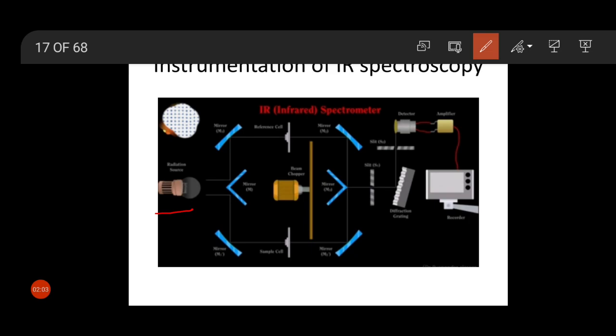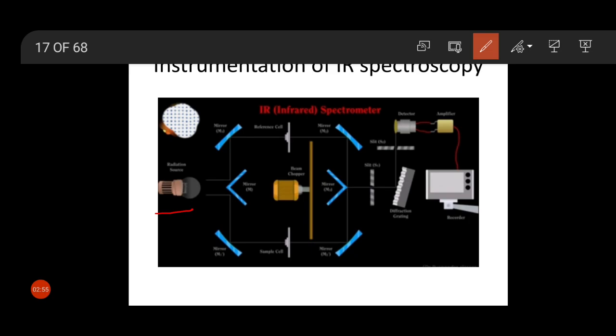And these radiation sources are electrically heated from 1200 to 2000 degrees Celsius to produce IR radiation.